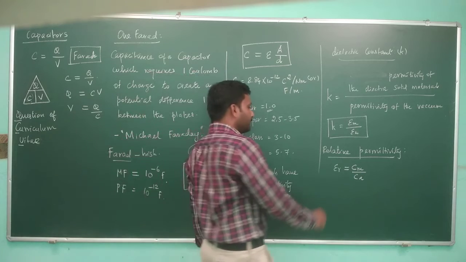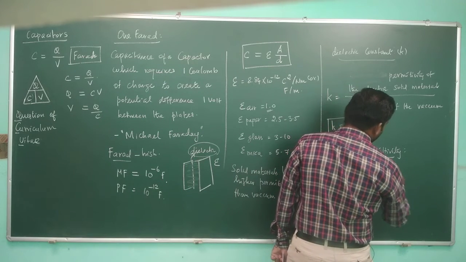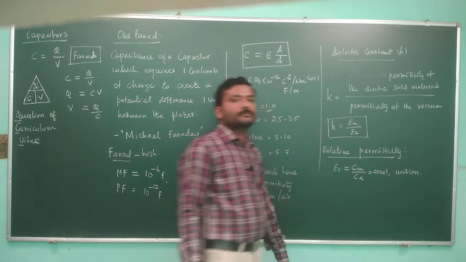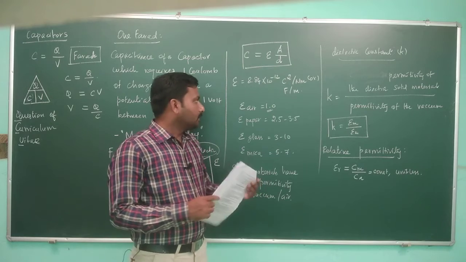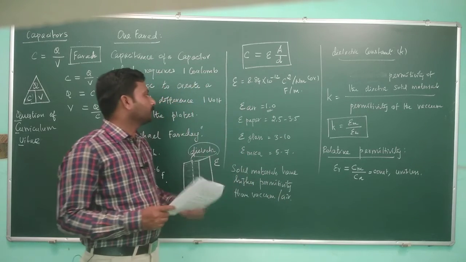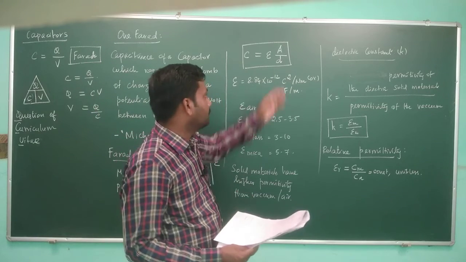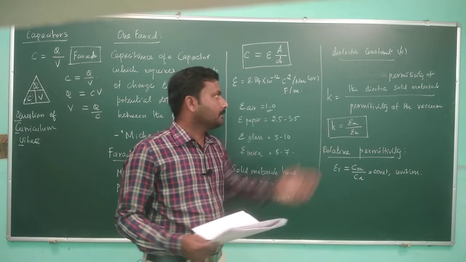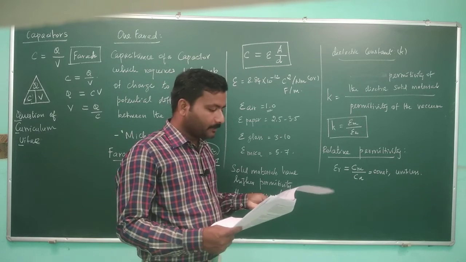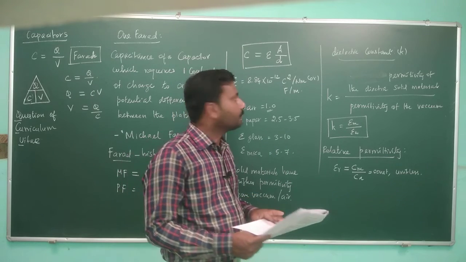It is a constant and does not have any unit. It is dimensionless. So these are the things about the material medium and their permittivity. If you are asked to write dielectric constant, or relative permittivity, you need to explain that. Fine.